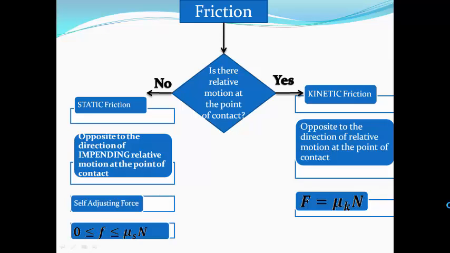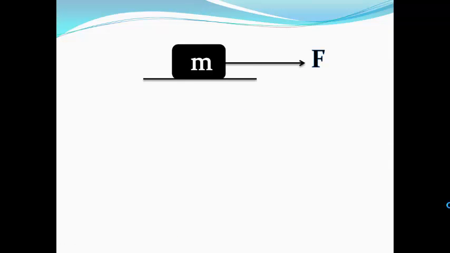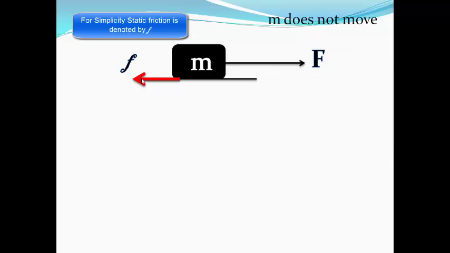Now, we shall have a look at some examples and how this flowchart will be applied to drawing a free body diagram. First example, force is applied, mass does not move. Since mass does not move, we have static friction acting towards the left side opposite to the applied force.